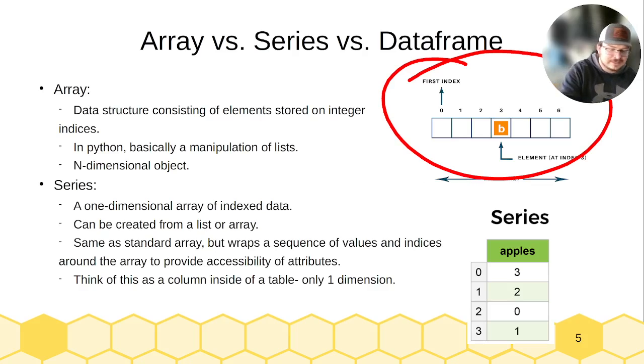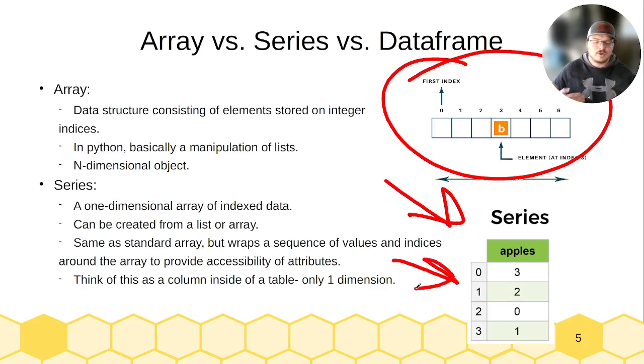So let's take this example on the bottom right here. You see that this says apples 3201. So that's our data. And then outside of there, in these gray letters, we have 0, 1, 2, 3. Okay, so let's imagine this as a plain array.